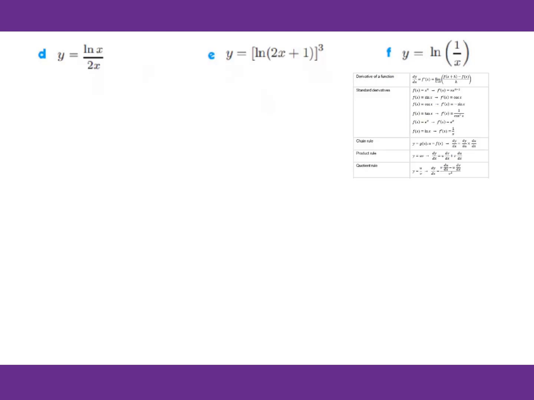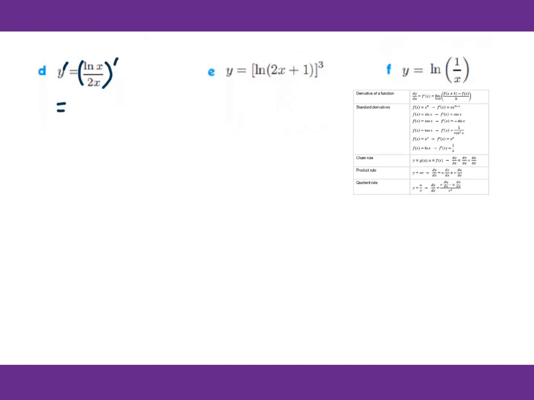Now let's go to d. Derivative of y equals the derivative of natural log of x over 2x. You have to use the quotient rule for this, which means for u over v, the derivative equals the denominator squared, then the derivative of u times v minus u times the derivative of v. Therefore, first of all, you have 2x squared as the denominator.